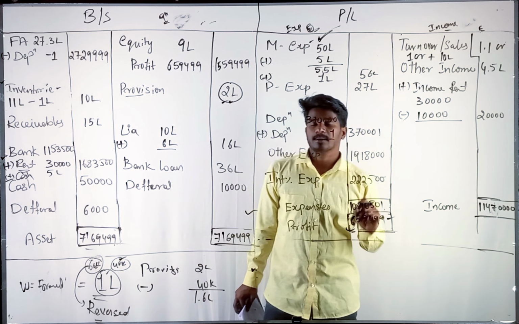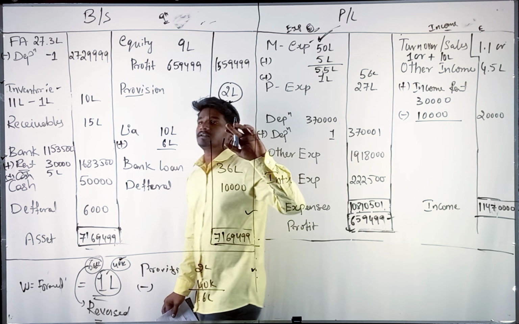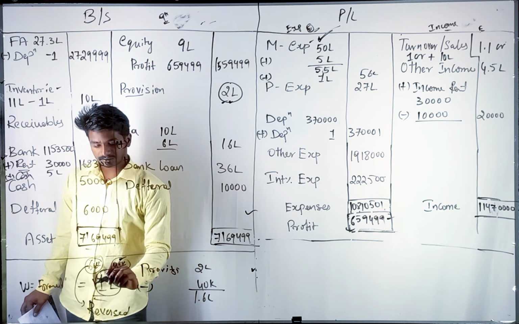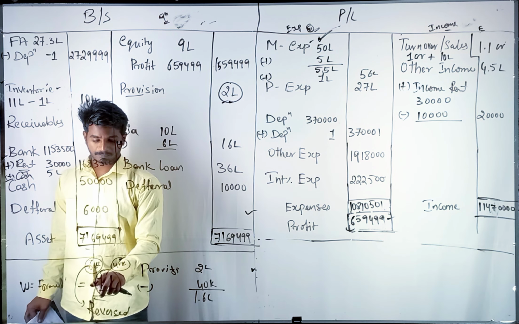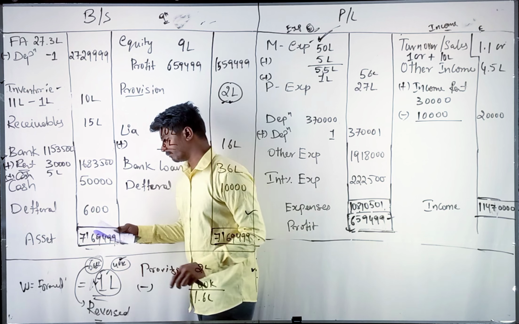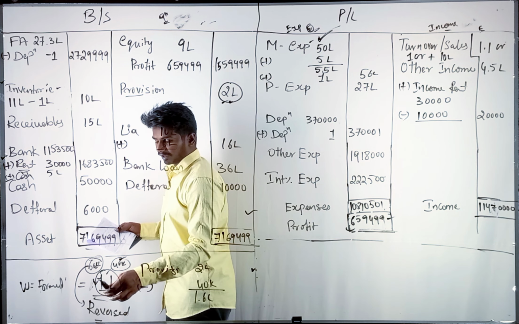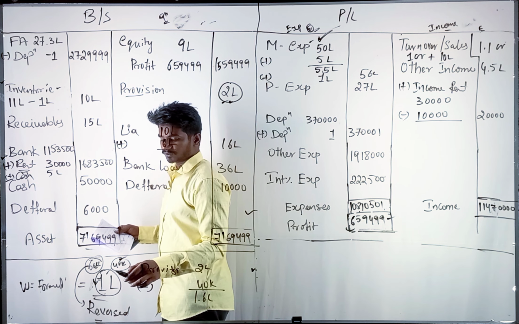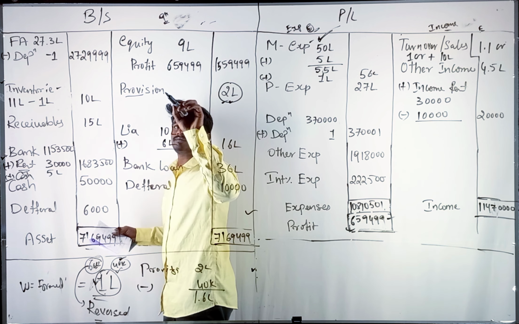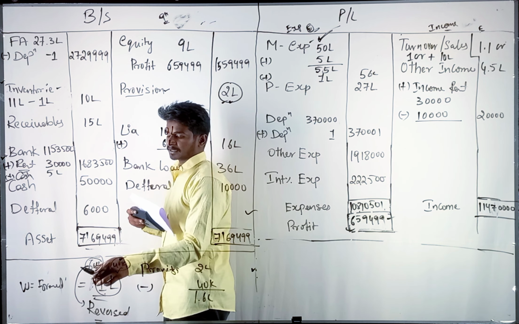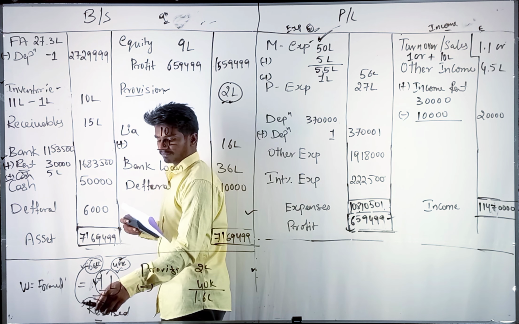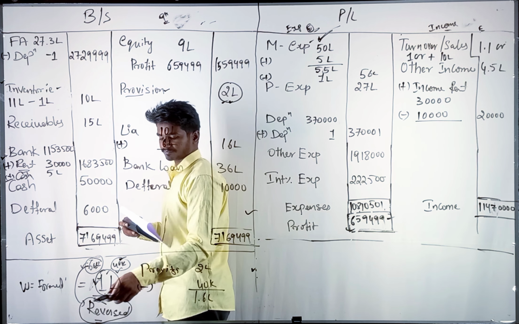Is that correct? Yes. Next, remaining 60,000, whatever we should pay to the warranty formed. So we should pay 1 lakh. Out of that, we have paid 40,000 from provision. Then remaining 60,000 we have reversed.